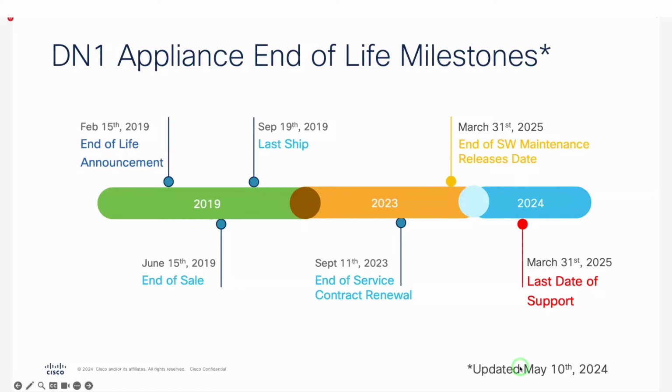It was supposed to be mid year 2024, but we have updated the end of software maintenance and the last day of support to March 31st of 2025. If you still have a DN1, you will have support until next year. But we do suggest you be prepared to migrate to one of the options that we have for now, either a virtual appliance or a DN3 appliance.